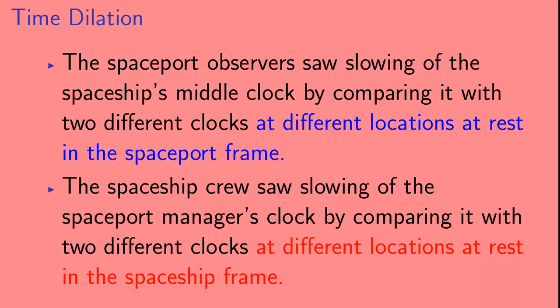The spaceport observers saw slowing of the spaceship's middle clock by comparing it with two different clocks at different locations at rest in the spaceport frame. The spaceship crew saw slowing of the spaceport manager's clock by comparing it with two different clocks at different locations at rest in the spaceship frame.